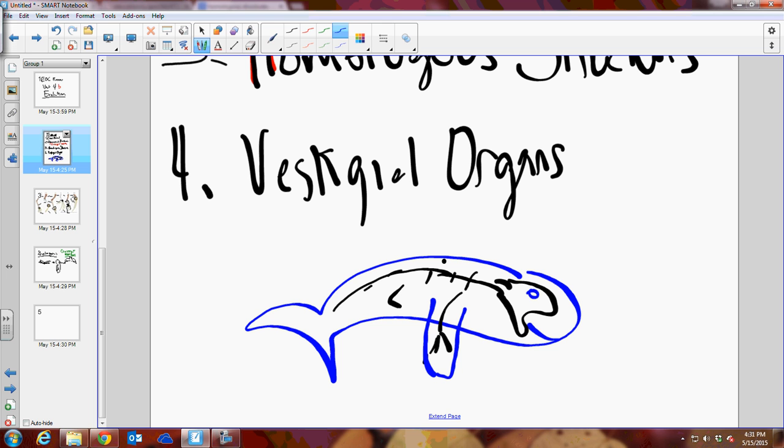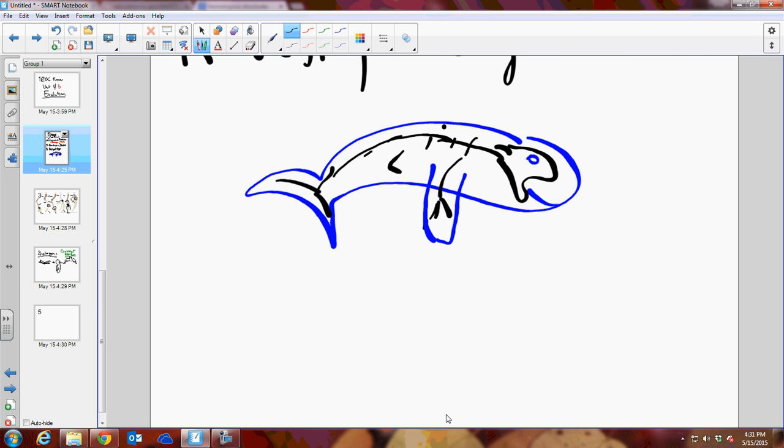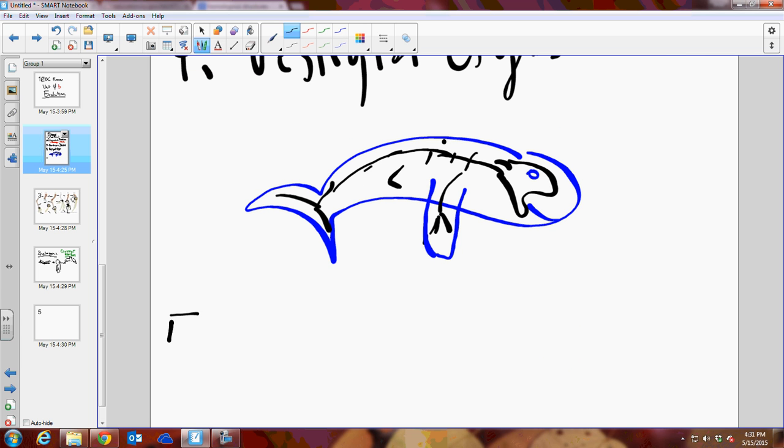But this pelvic bone attaches to nothing, except for some muscles. And so the idea is perhaps that pelvic bone and those vestigial bones were at one time the remnants of a leg in recent evolutionary history.